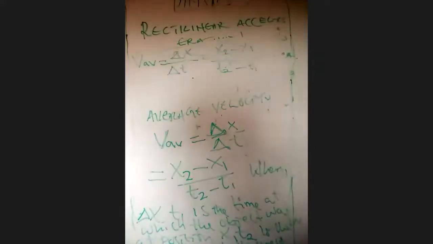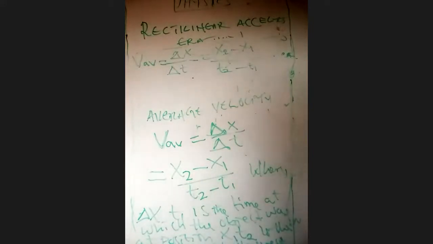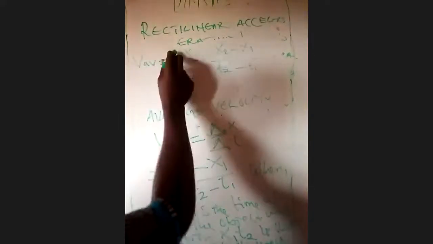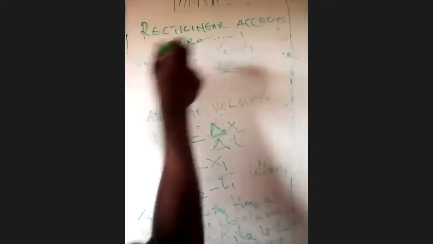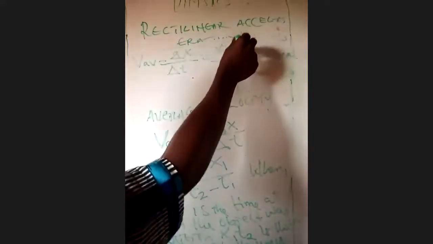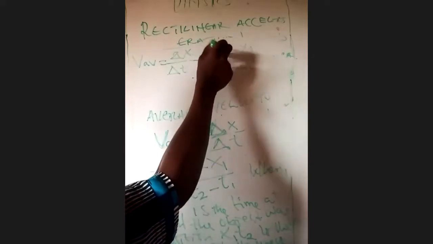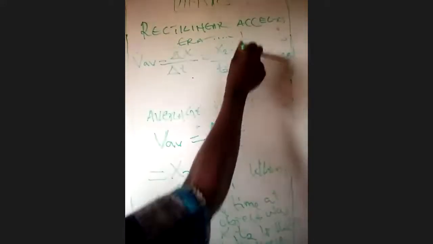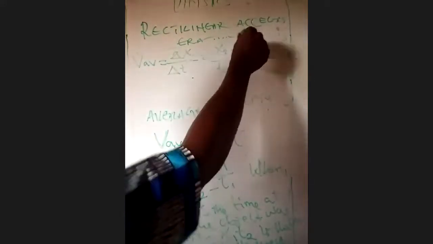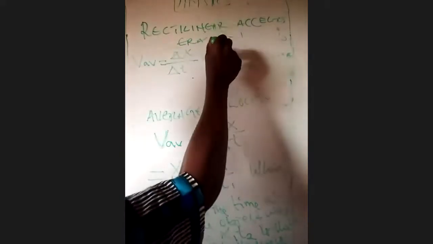So T1 is the time at which the object was at position S1, and T2 is when the object is at position S2. So that is that.